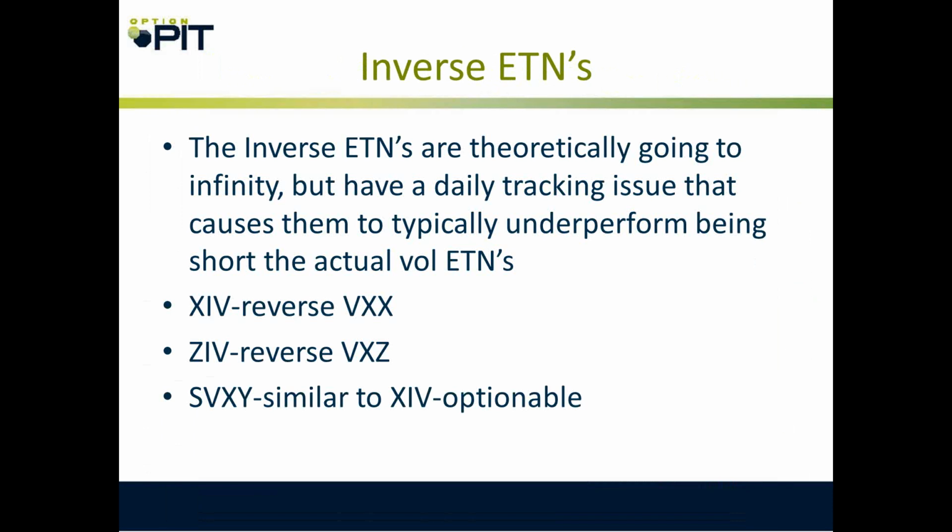But XIV is the inverse of VXX. ZIV is the inverse of VXZ. ZIV is actually the safer one. And then you have SVXY, which is XIV, but it's optionable. The drag on SVXY is always increasing the value, even if VIX is flat. Generally speaking, yes. Not always, but generally.